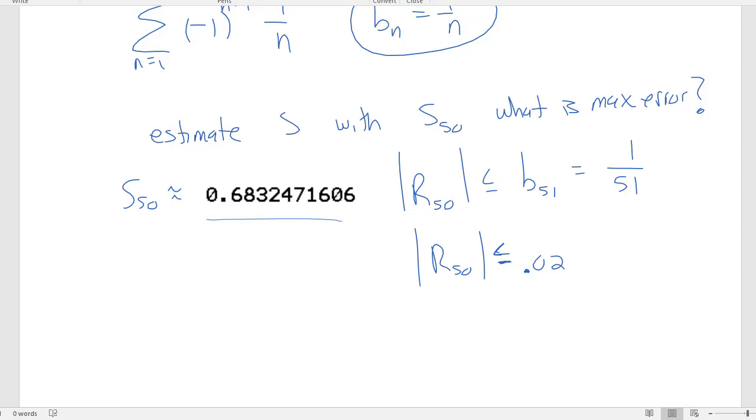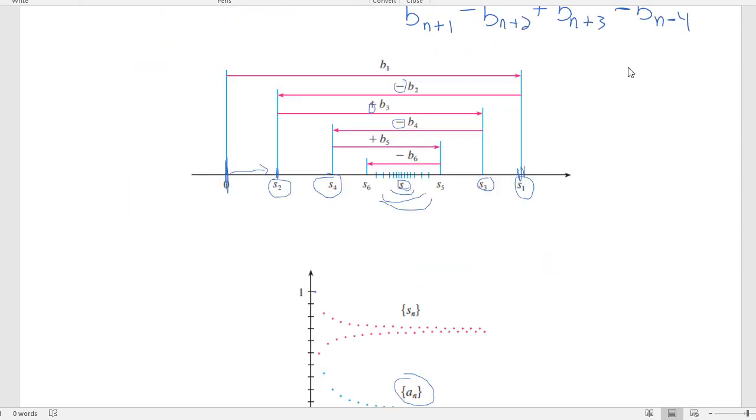And again, the reason for that, let me scroll back up to my visualization of the sum. The reason for that is, as my terms alternate, I'm jumping above or below, above or below. So the summation can change based on whether the first term was positive or negative.